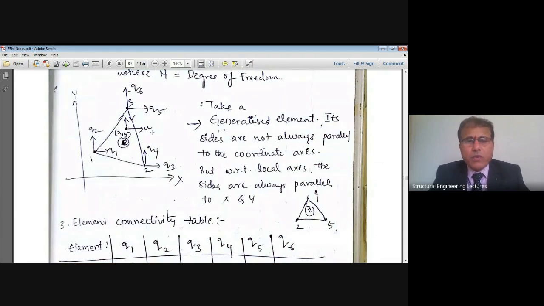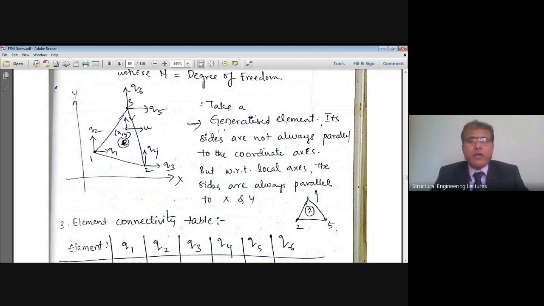Right? 1, 2, 3, and the degrees of freedom along the first node as per this notation Q2I minus 1, Q2I are given by Q1, Q2. Why? Because for I equal to 1, Q2 multiplied by 1 minus 1 is Q1, and Q2 multiplied by I is Q2, right? If you go to the second node, the degrees of freedom are given by Q3 along x direction, Q4 along y direction, and for the last node along x it is Q5, along y it is Q6, the displacement or deformation, right?